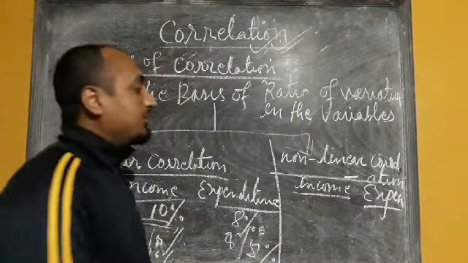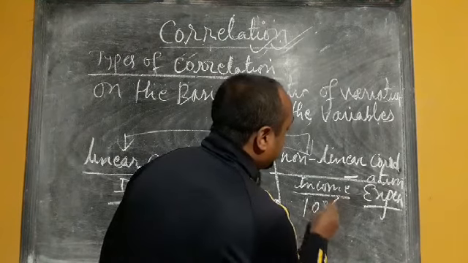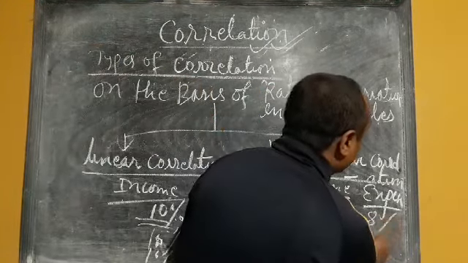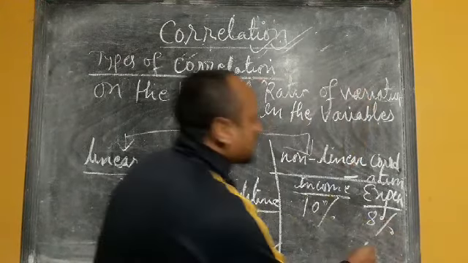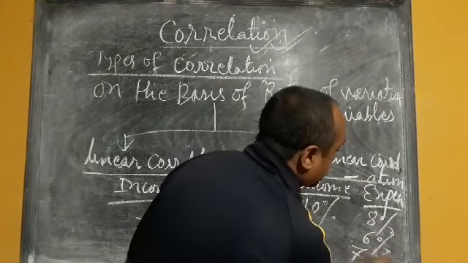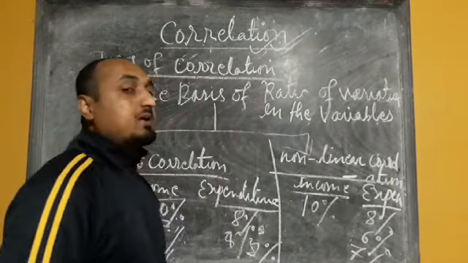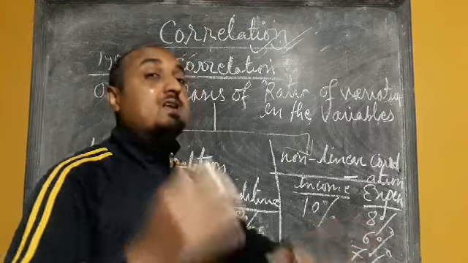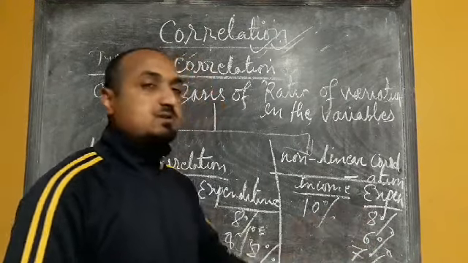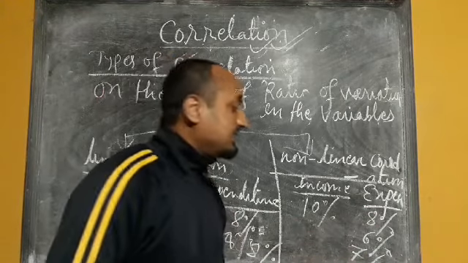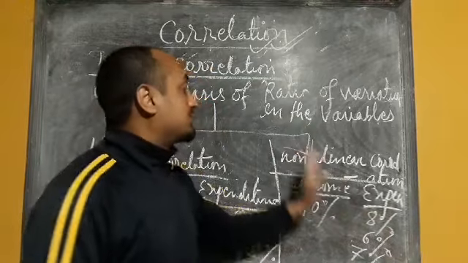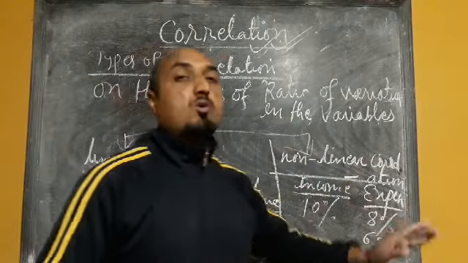Now if your income is changing by 10% and sometimes your expenditure is changing by 8%, sometimes by 6%, sometimes by 7%, then we can see that there is a variation in the ratio. So that type of category is called non-linear correlation.